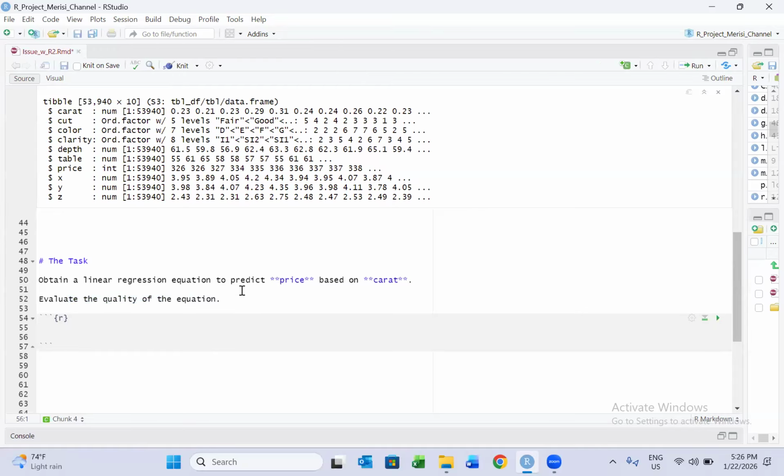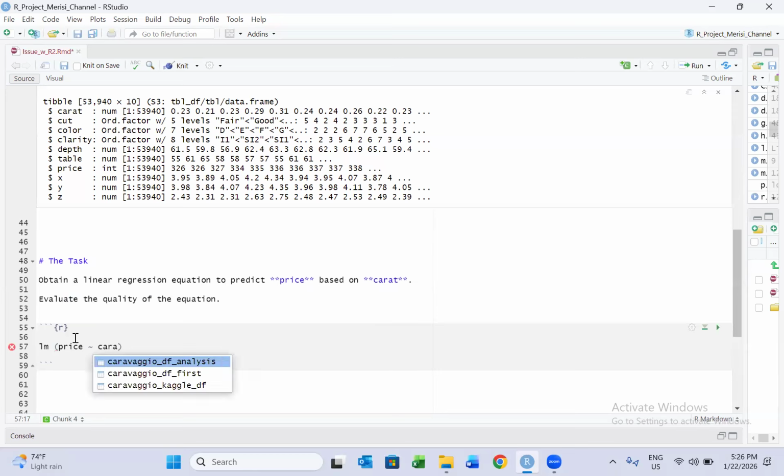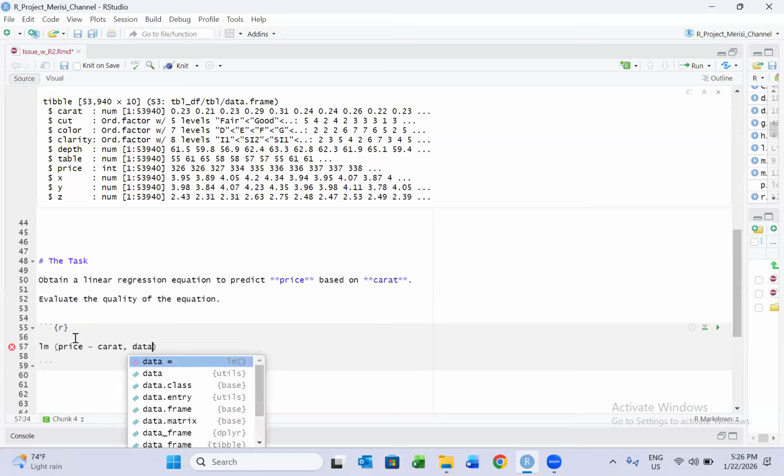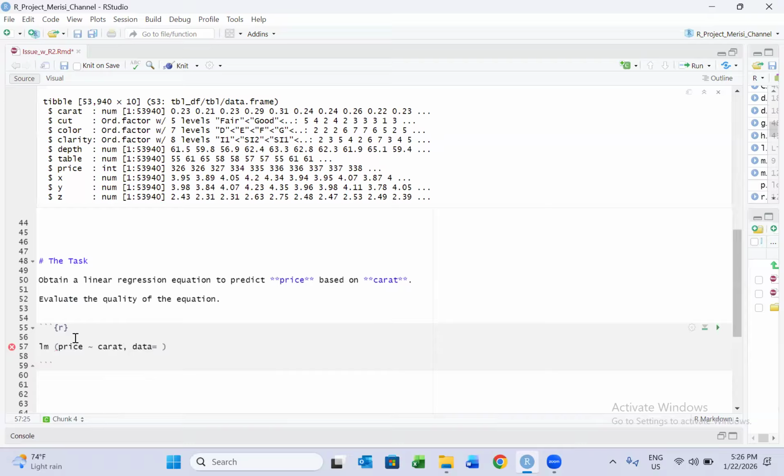All right, guys, so let's run this regression between price and carat. To run this regression, I'm just going to use the old and well-known lm function. For lm, we need to specify what the target is, which is price, and then tilde. After tilde, we specify the predictor or predictors in your equation. In this case, it's only one, carat. Then you need to specify the data frame where these columns should be located, and that data frame is diamonds.